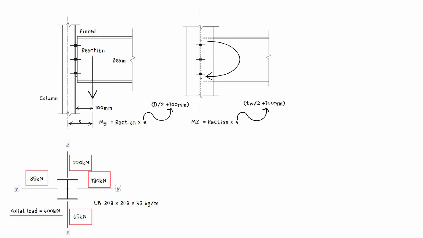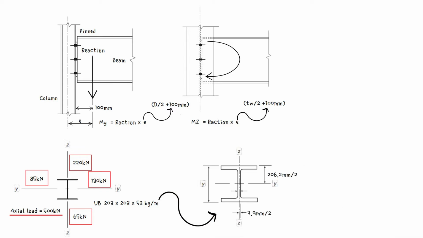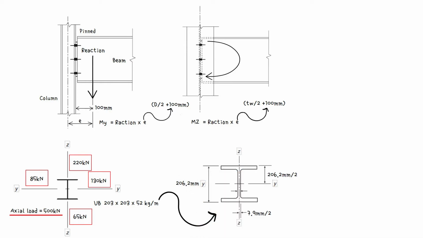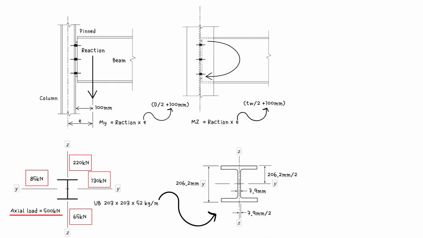Next, to obtain the moments, we need the precise dimensions of the column. For 203 by 203 by 52 kg per meter universal column, the depth of section equals 206.2 mm, and the web thickness is 7.9 mm. You can get these figures from Blue Book section properties.